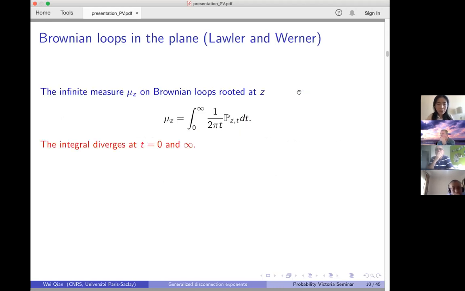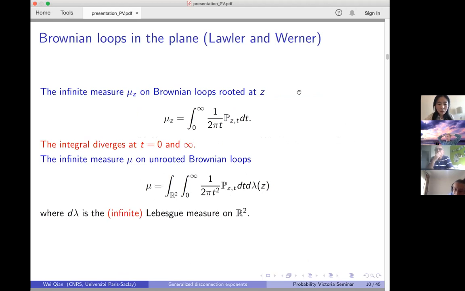Then to construct this measure, they first take P_{z,t}, the rooted loop at root z with time length t. First, they integrate with respect to the time length t to get a rooted loop with random time length. And then they integrate again with respect to the root z, with respect to the Lebesgue measure on the plane. In this integral, there's some normalizing factor in front.